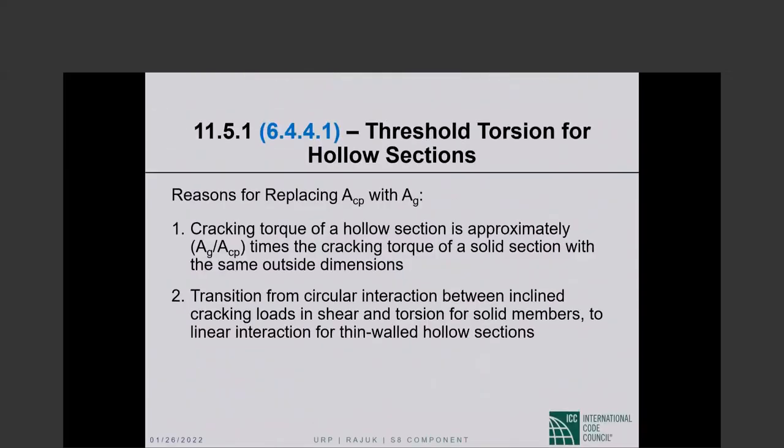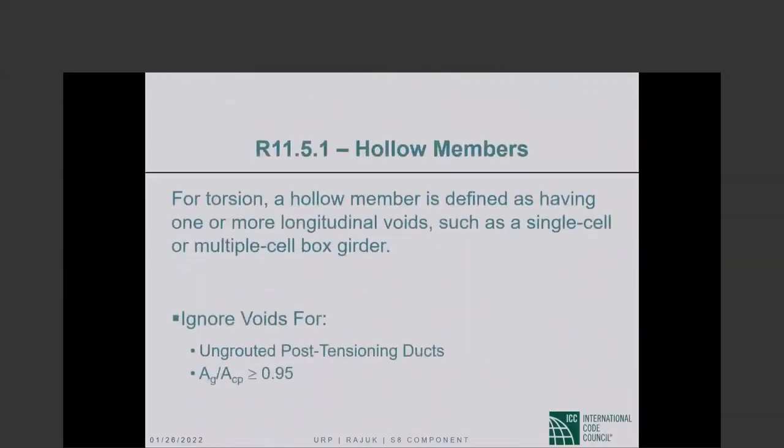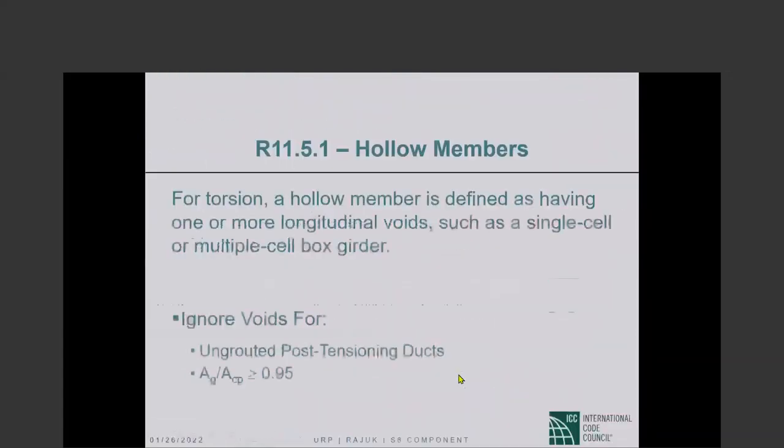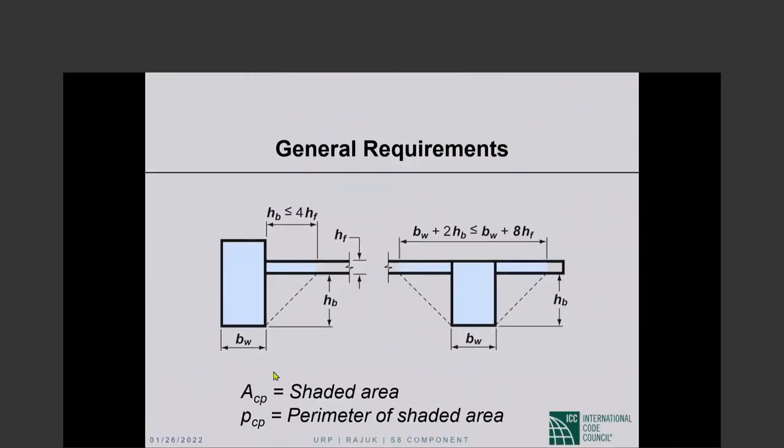So this ratio, A sub Cp squared over P sub Cp, when you include the flange with this beam section, and A sub Cp squared over P sub Cp goes down, there must be cases where it happens.